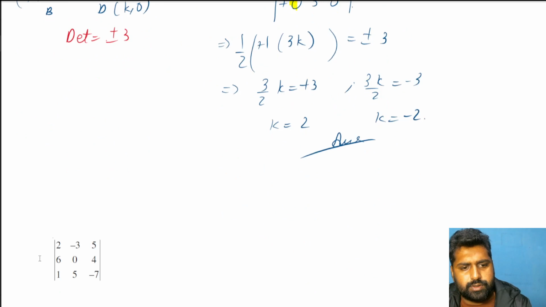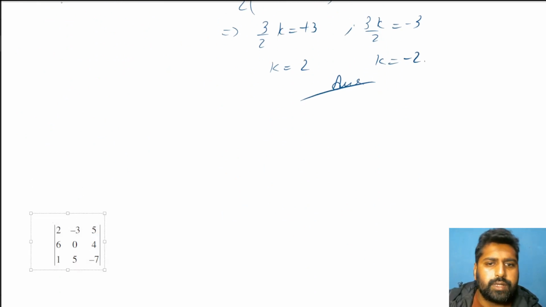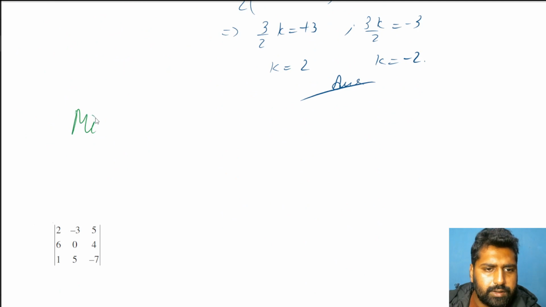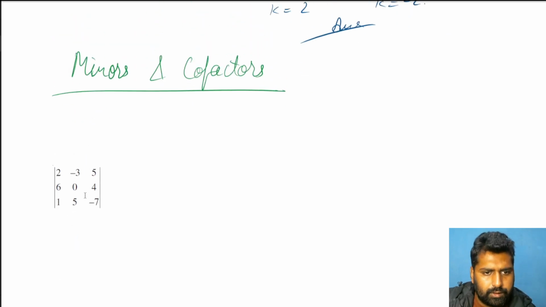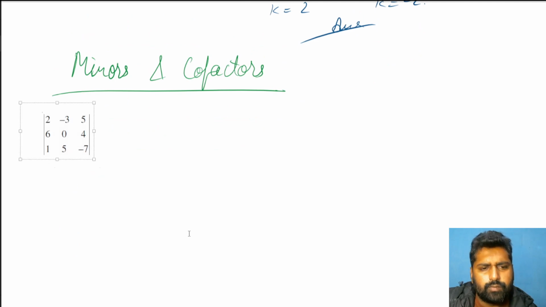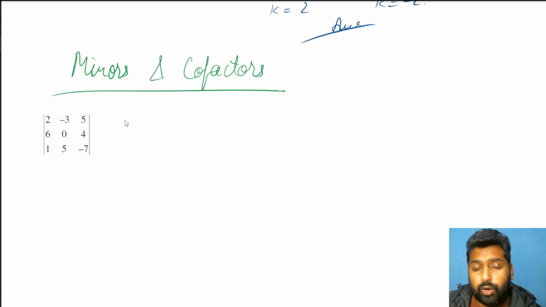The topic is minors and cofactors. Interestingly, we have already done that. It's just that now we'll understand the determinant in much more depth. You already know minors and cofactors.